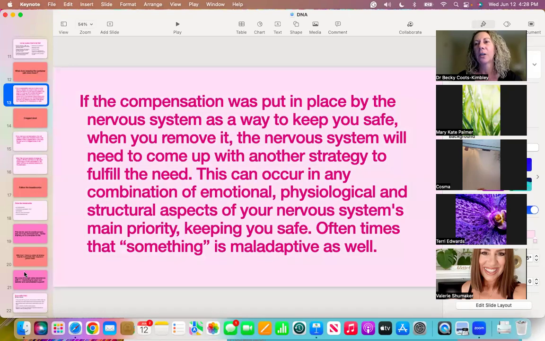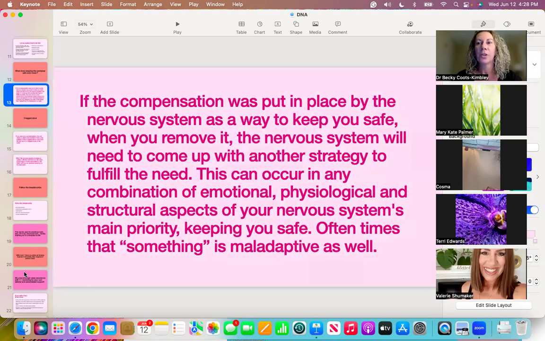This can occur emotionally, structurally, or physiologically. And it's going to replace that because your brain's trying to keep you safe. Many times, this other thing is not going to be good. It's going to be maladaptive.